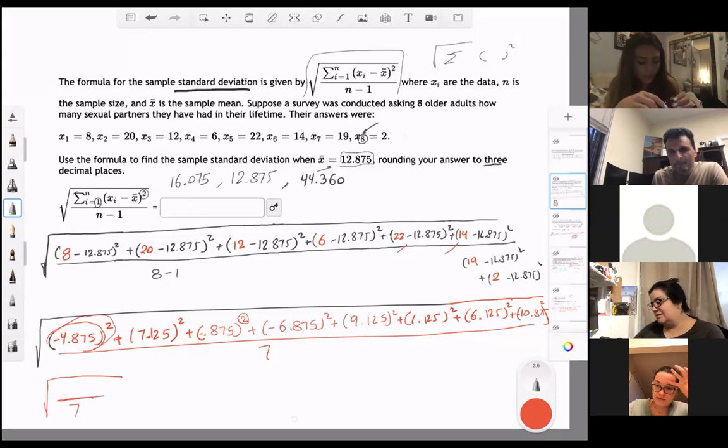For the first one, I got 3.395. And then for the full answer, after I squared it, and then I divided by 7, and then I added them all up, I got 51.838. I don't know, I could be way off.